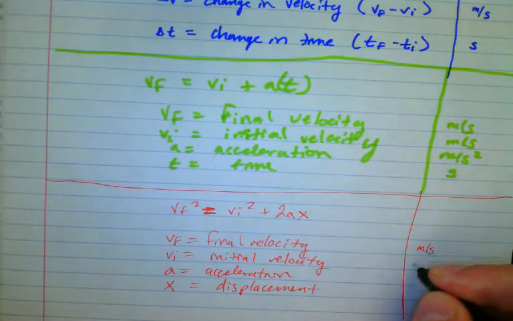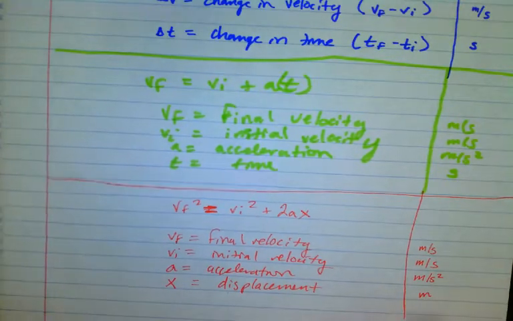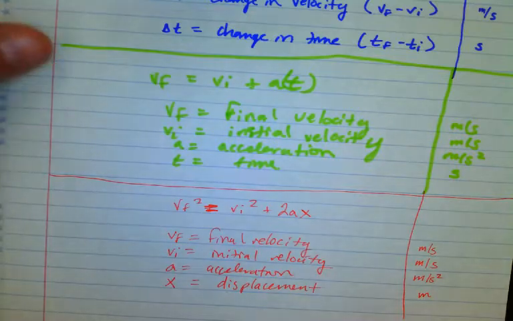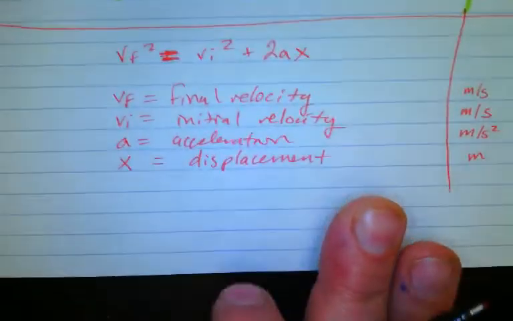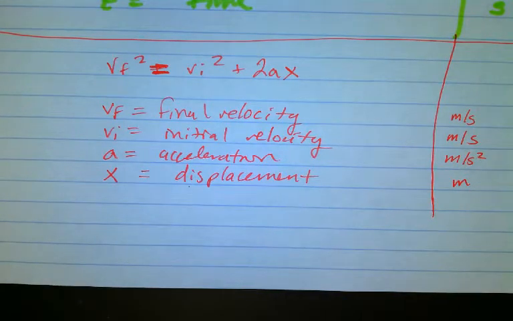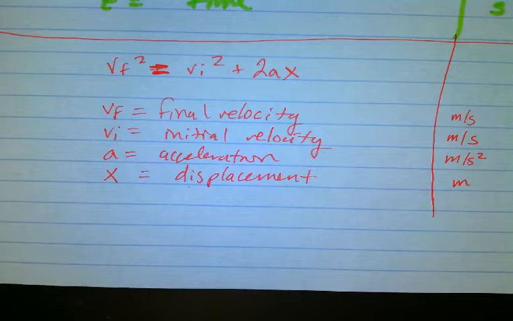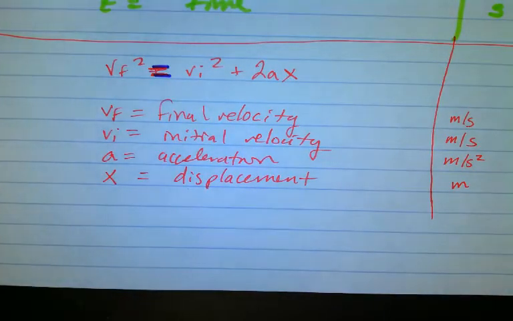So you have meters per second, meters per second, meters per second squared, and meters. So this is an equal sign. Okay.